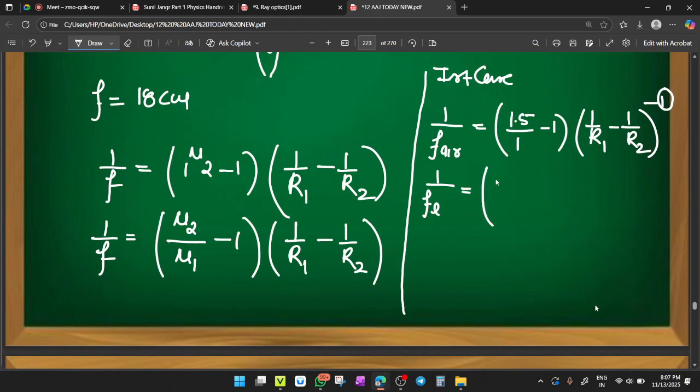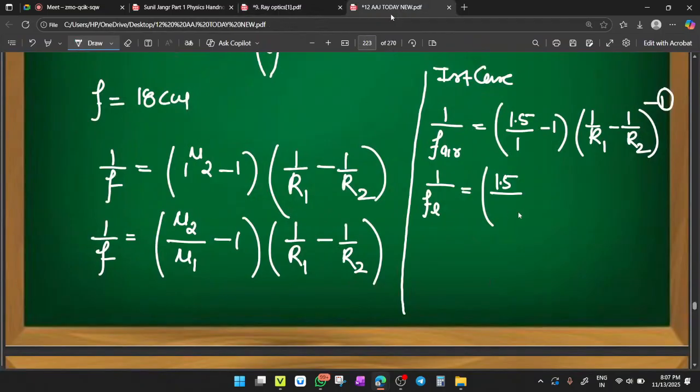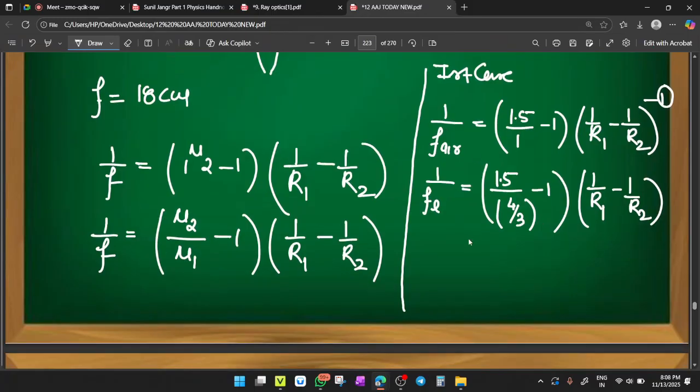Mu2 will remain the same, as its refractive index is 1.5. But mu1 here has a refractive index of 4 by 3. Clear? So you have to place here (1.5 divided by 4 by 3 minus 1), times (1 upon R1 minus 1 upon R2). Clear, students? So the focal length in air is given as how much? 18 centimeter. Okay, we are going to put that.